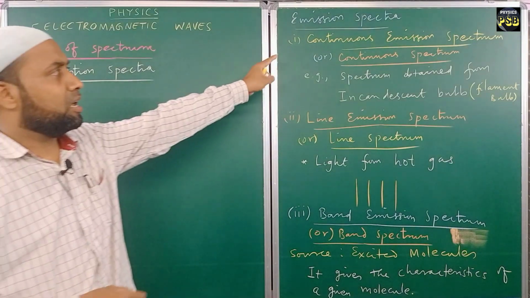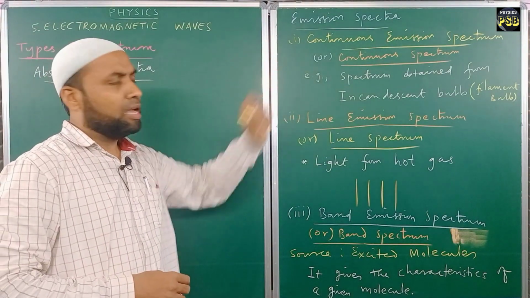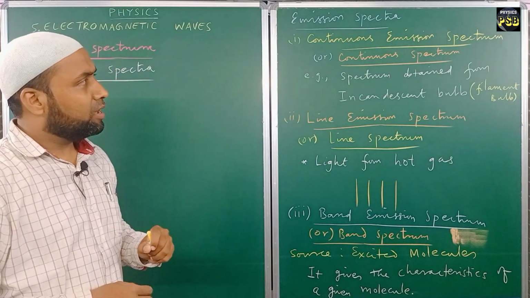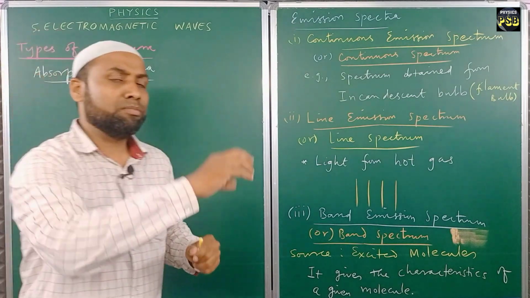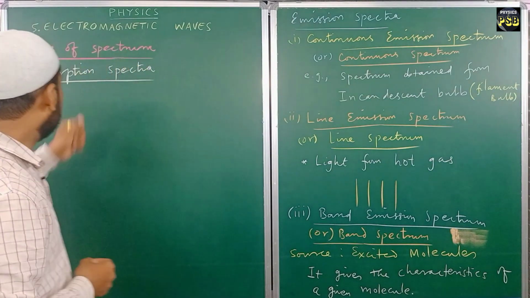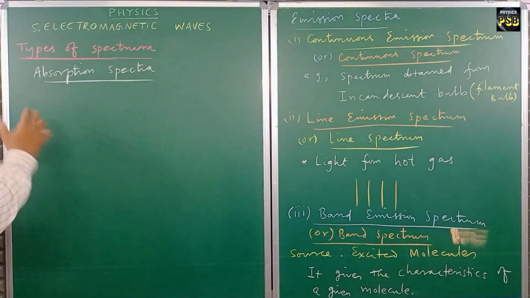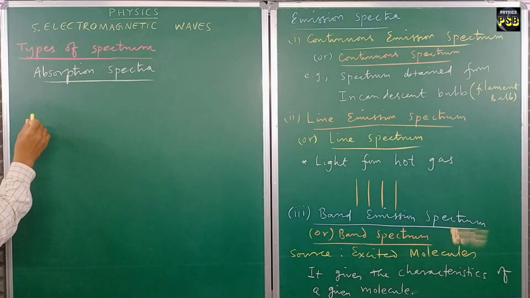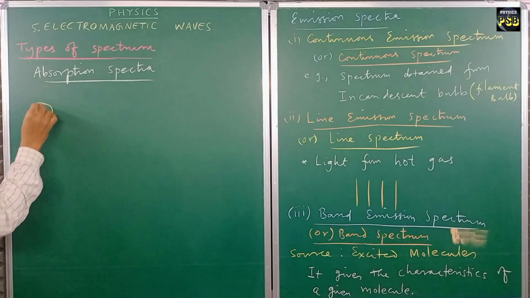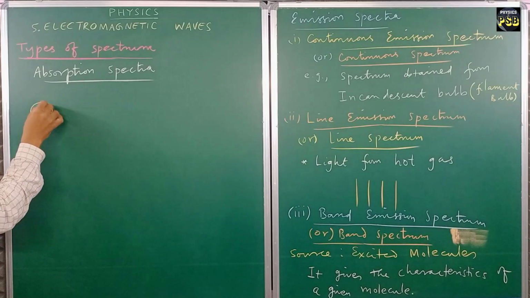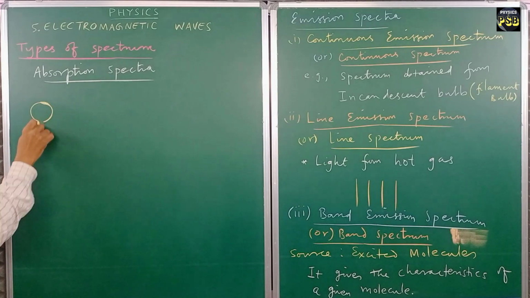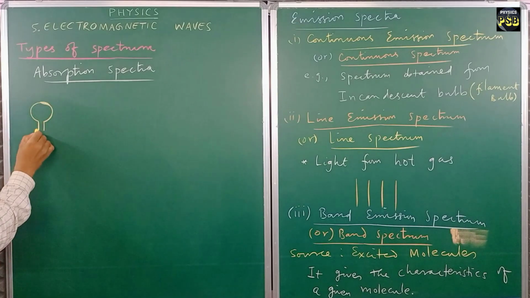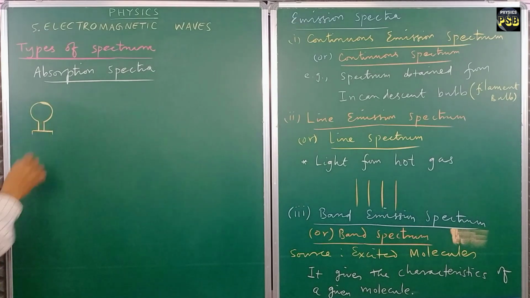To get the emission spectra, we make light from a source fall on the prism directly. But in case of absorption spectra, suppose we have a source of light, this is a bulb which emits light in all directions.